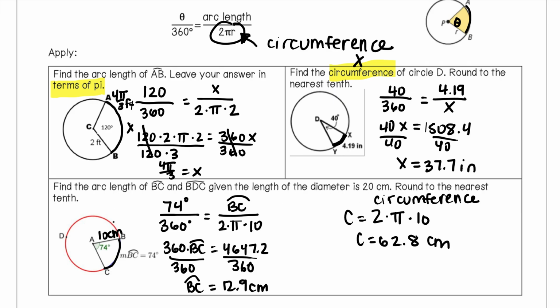So in order to find this red part of my circle, I'll take my entire circumference. To get this BDC arc, I'm going to take the whole circumference, 62.8, and subtract the little arc BC that we just calculated, 12.9, and the difference there becomes our arc measure for BDC, which is 49.9 centimeters.